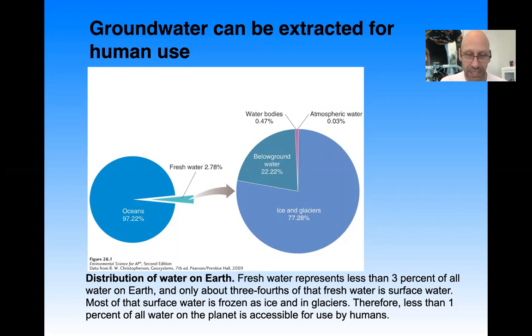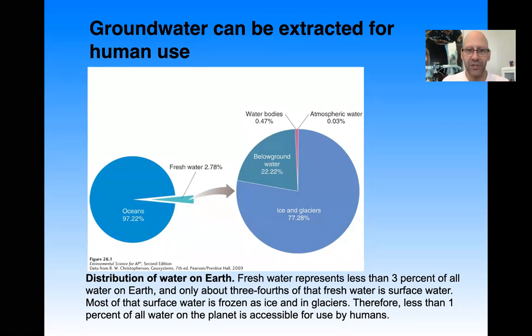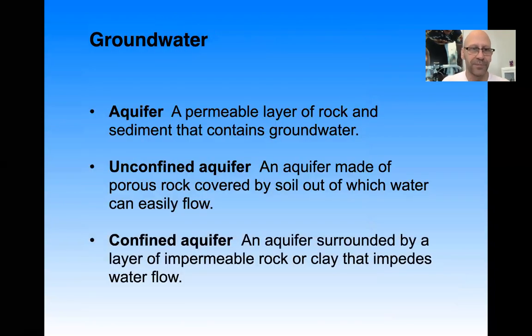But a big chunk of it, almost three-quarters, is locked up in ice. The below ground part of the 3% is almost a quarter. And in this part of the world, that's really important. That's what we refer to as the aquifers. So, it's something that you should be aware of. That 3% number is a big one.